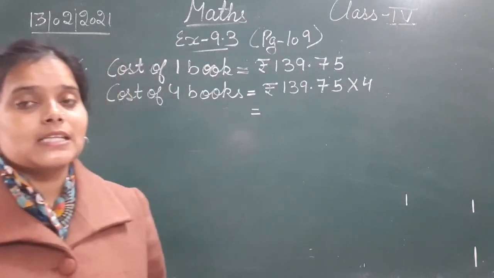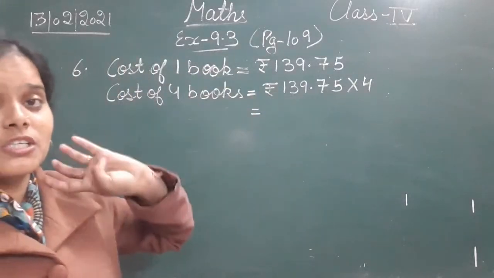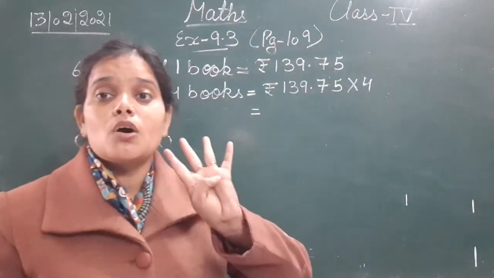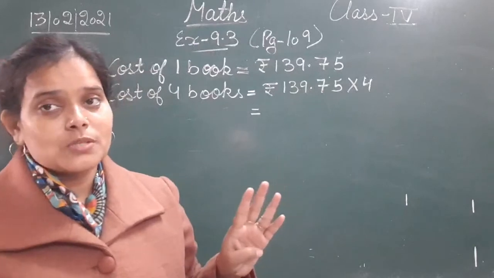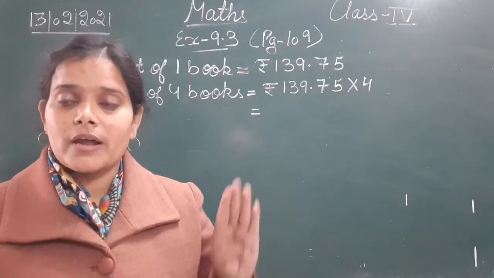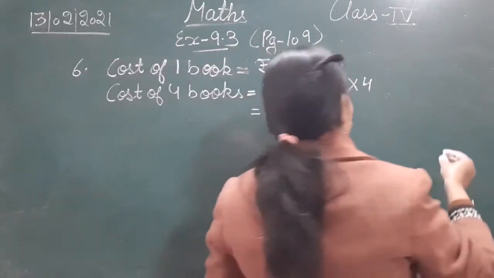So just like in this sum as well, the cost of one book is given, but Karina had bought 4 books. So we will find the cost of these 4 books by multiplying the cost of one book with 4. Okay, so let's do that.